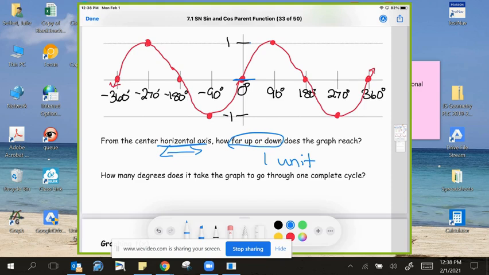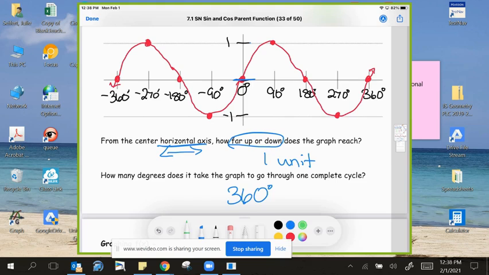If it's wrong, I won't tell anybody it was you. All right, a couple of you have got it. If you're looking at my answer key, it's already there as well. It is 360 degrees. 1 cycle is 360 degrees.